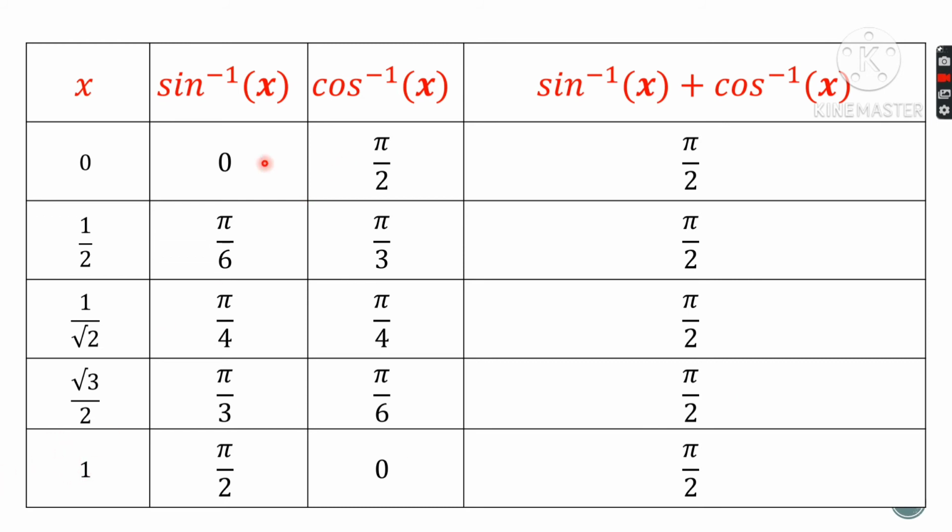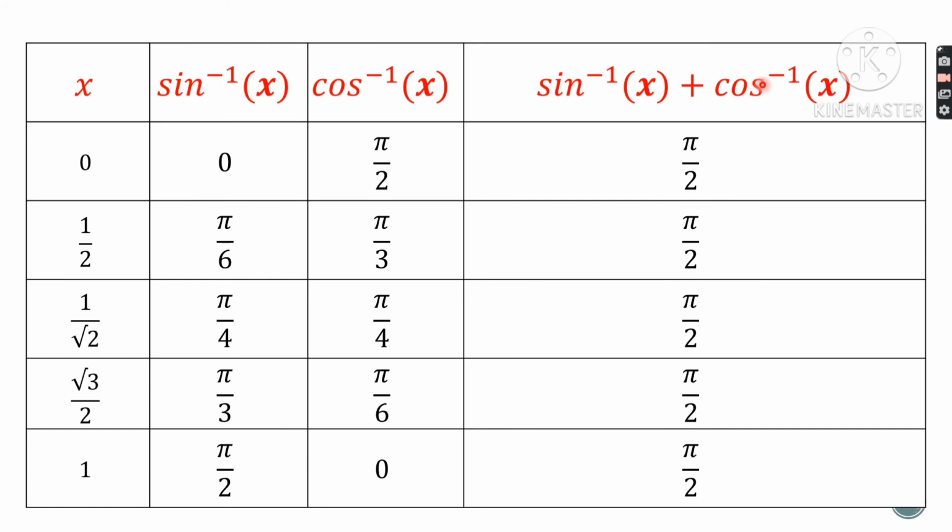Then x is equal to 1. So sin inverse of 1 is equal to pi by 2. Cos inverse of 1 is equal to 0. Pi by 2 plus 0 is pi by 2. Similarly, you can check for negative values. And similar tables you can make for tan inverse x plus cot inverse x.